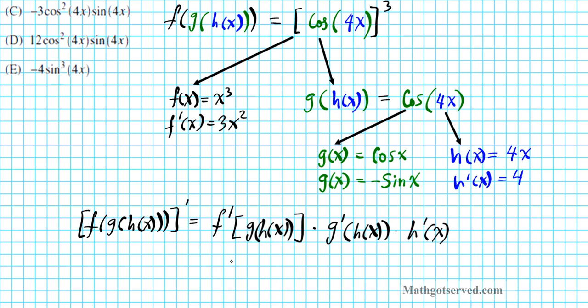That's simply the formula for the chain rule when you have the composition of three functions.